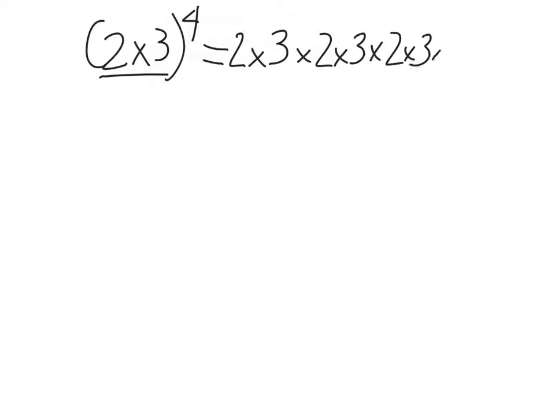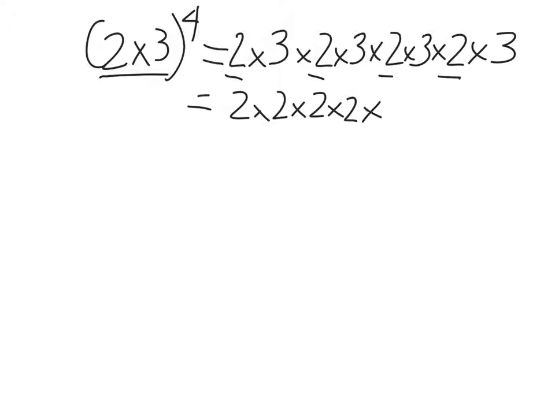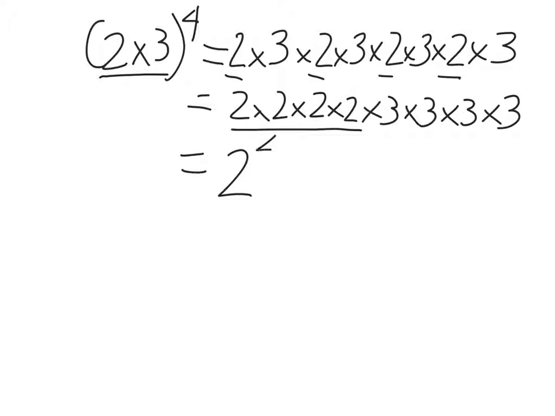Now, hopefully you know that it doesn't matter the order in which I multiply things. So I can multiply all the 2's together first and then multiply by the 3's, because the order of multiplication doesn't matter. Hopefully you all know that this is just the expanded form of 2 to the power of 4, so I can write it more simply like that, times by 3 to the power of 4.